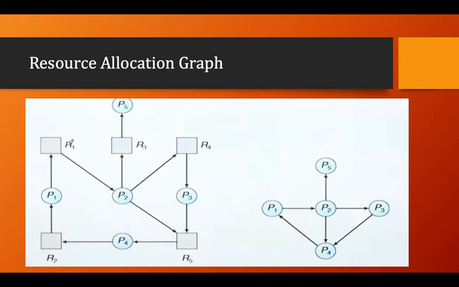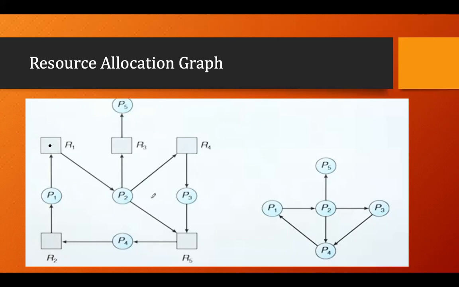So R1 has one instance, let's assume, and it is given to P2, and P1 is requesting that particular resource which is already given to P2. Now R3 has given the resource to P5 but it is requested by P2. R4 has given the resource to process P3 and it is requested by P2, right? This is also a resource allocation graph.